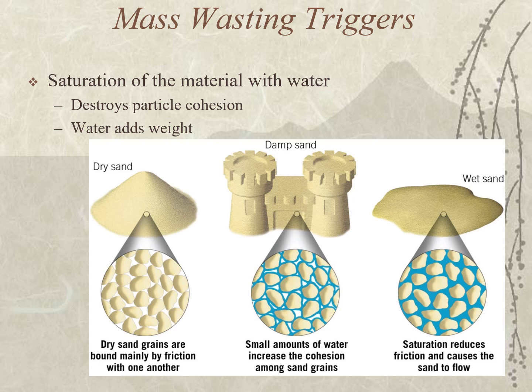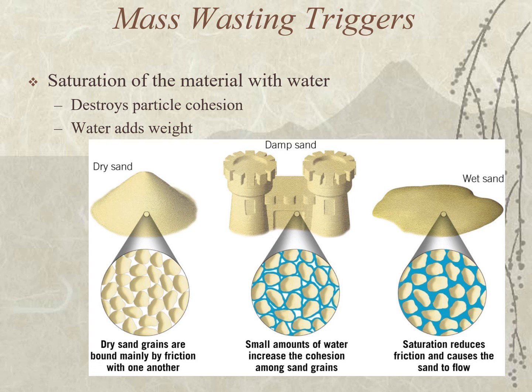Mass wasting triggers. So if you have too much rain, as in saturating that material with water, that can make that material flow. So what we're looking at here on the bottom, 3 different scenarios. You're on the beach and you got a bunch of dry sand and you're trying to build a castle, but the grains won't stick together. They're only going to be in this cone kind of shape, and it can only get to be so steep, otherwise the particles will run downhill.